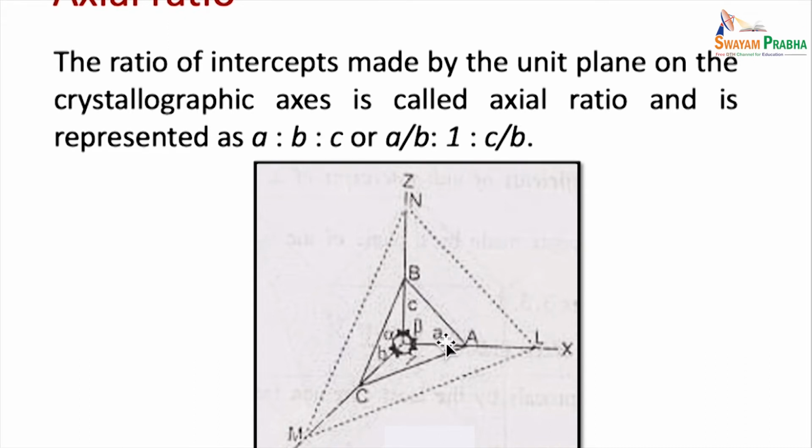It's cutting the x-axis at point A, the intercept is a. It's cutting the y-axis and the intercept is b. It is cutting the z-axis and the intercept is c. This is a plane which is cutting all the 3 axes, and the ratio a is to b is to c, the ratio between the intercepts, is called the axial ratio.